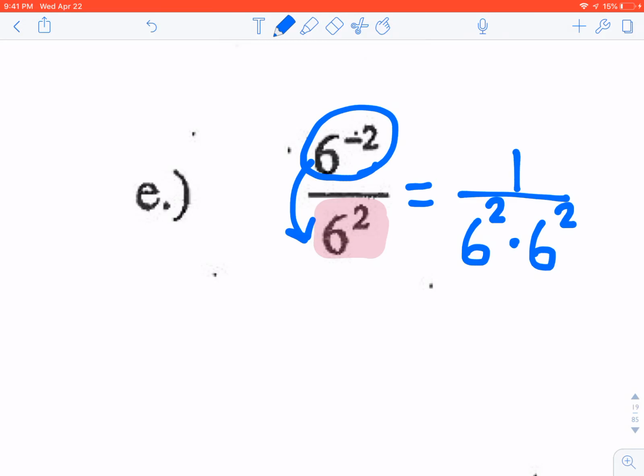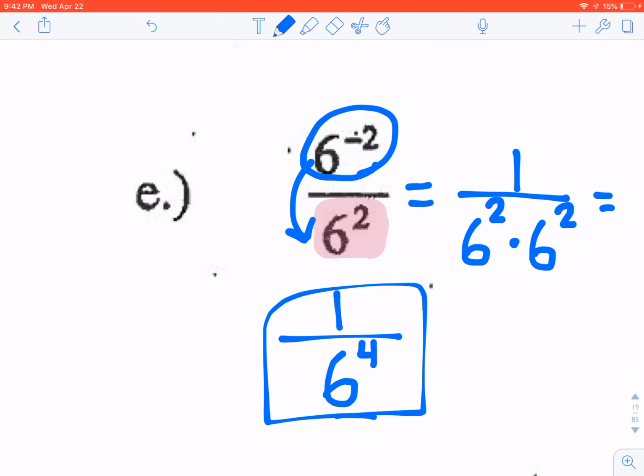I'm going to put my placeholder of a 1 on top. But that's not done. You may simplify that further. When you multiply the same base, remember, property 1 tells us we are adding exponents. So keeping that in exponential form, it becomes 1 over 6 to the 4th.